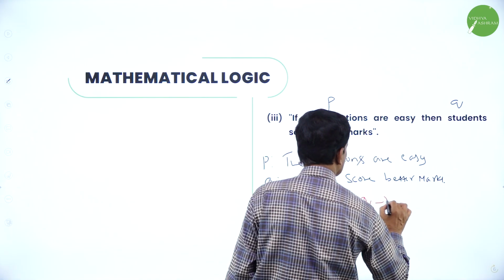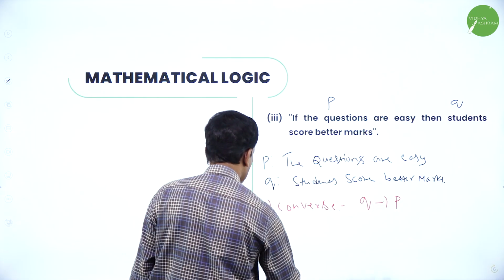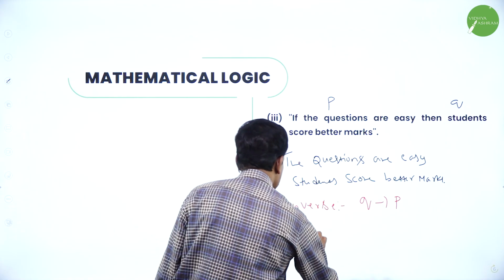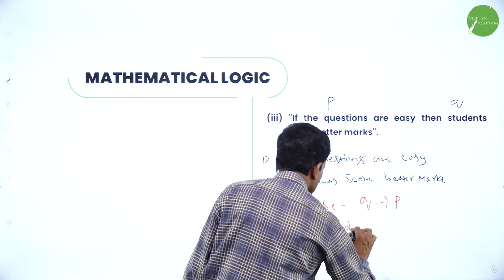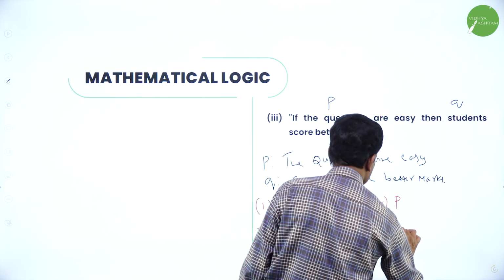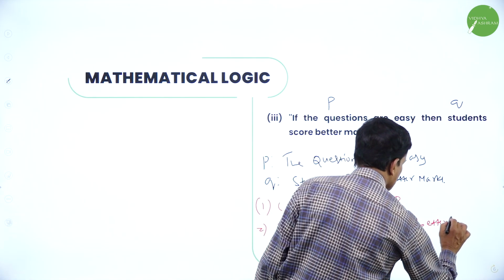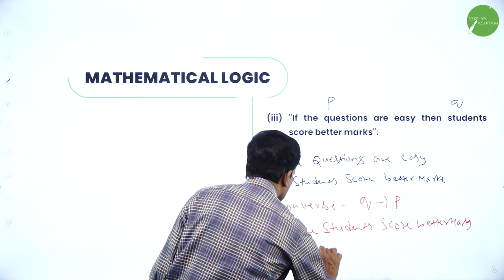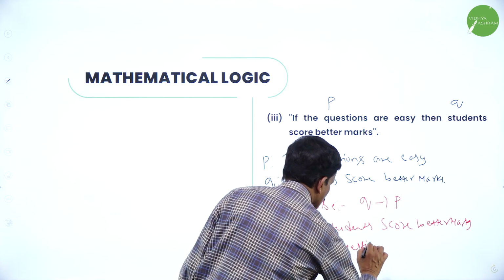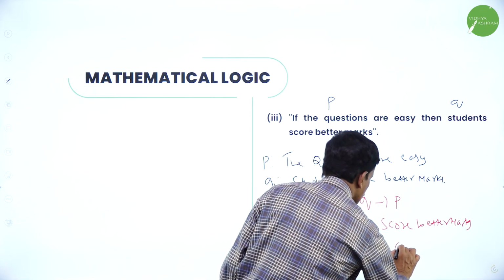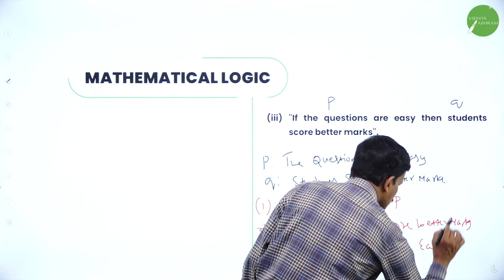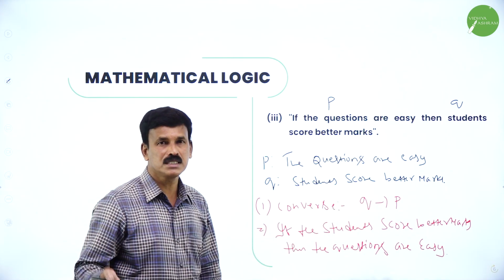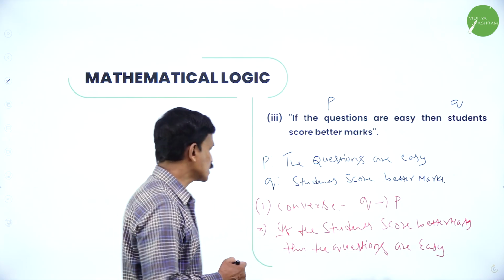Converse is Q conditional to P. So Q conditional to P means, if the students score better marks, then the questions are easy. This is the converse. If the students score better marks, then the questions are easy. Right.